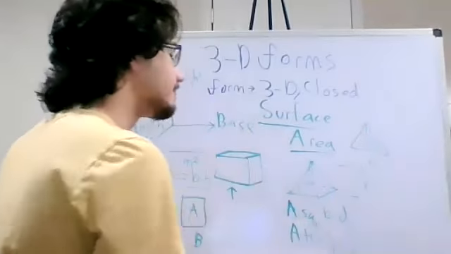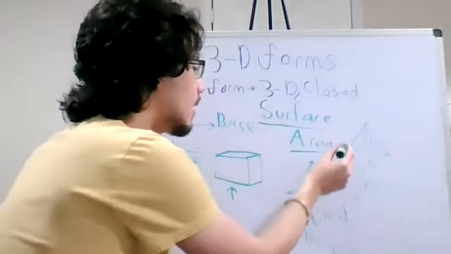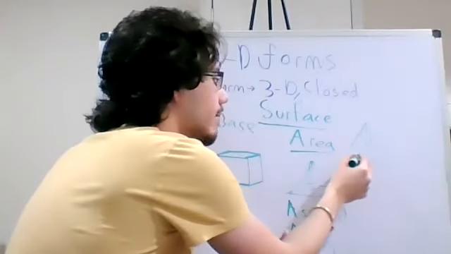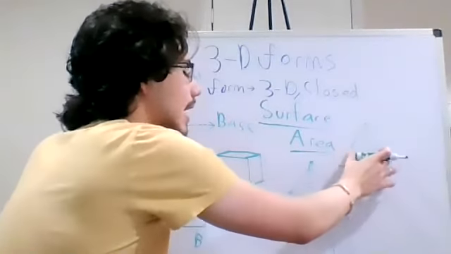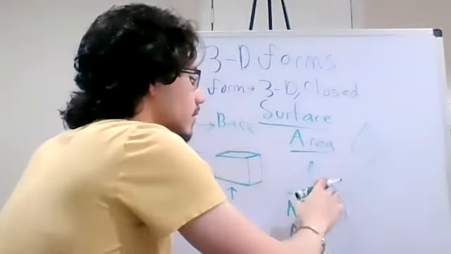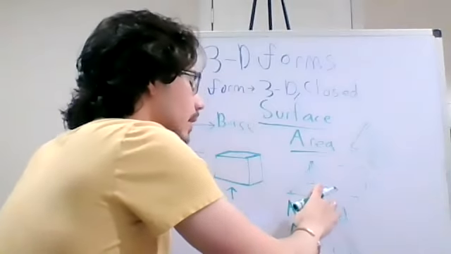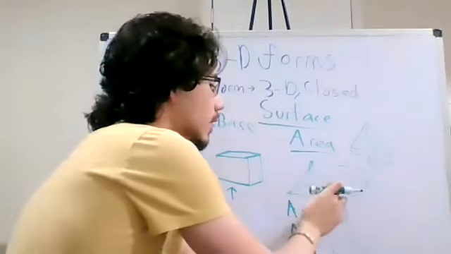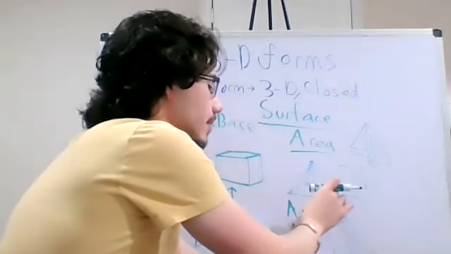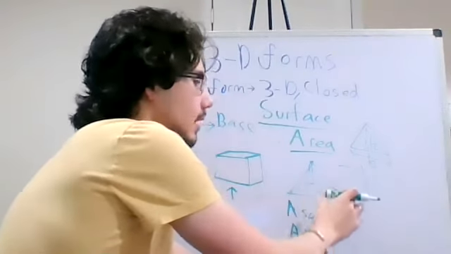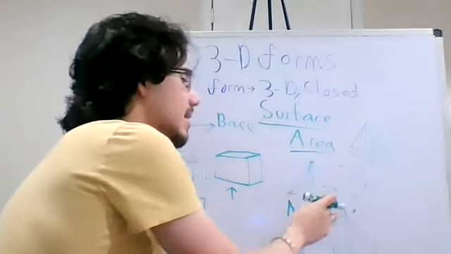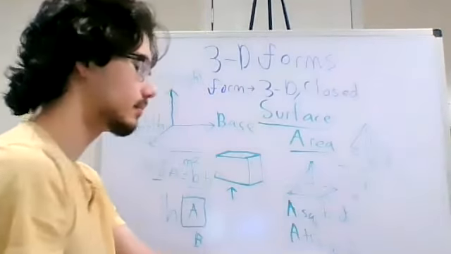Let's start with the base. This part being the base, this line extends from this corner of the pyramid to this corner of the pyramid. Because it extends from this corner to this corner, do you think this base will be the same as the base of the square?